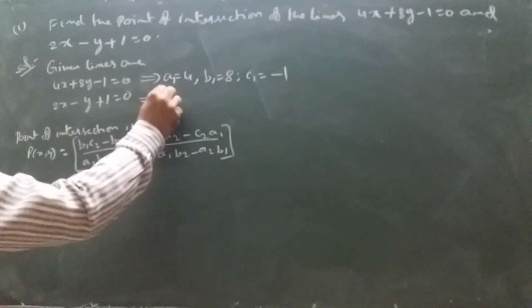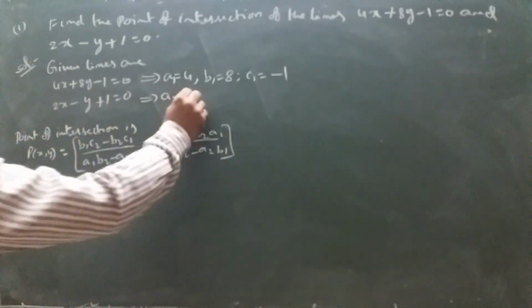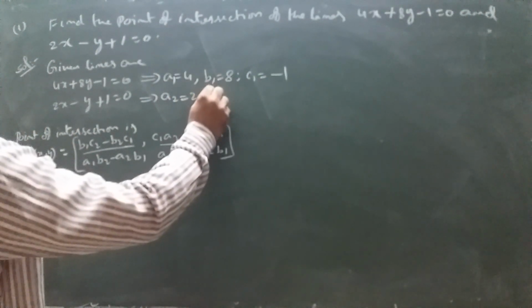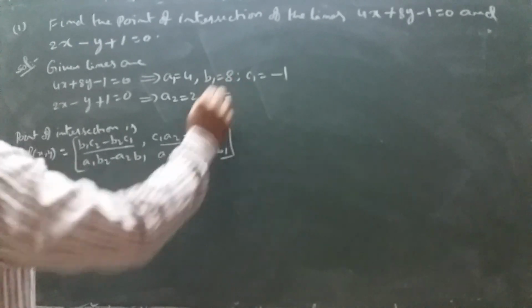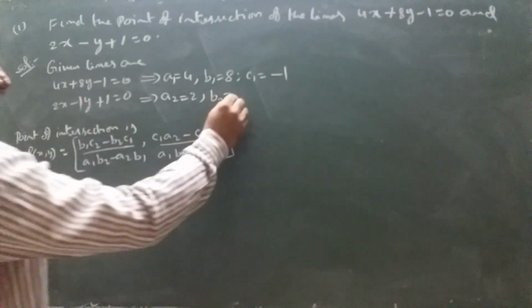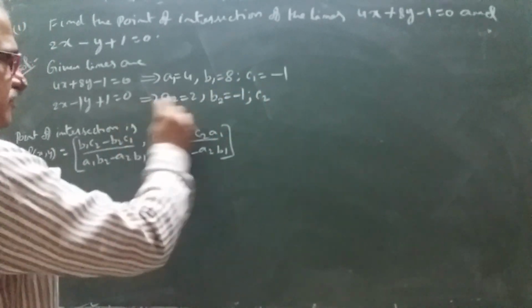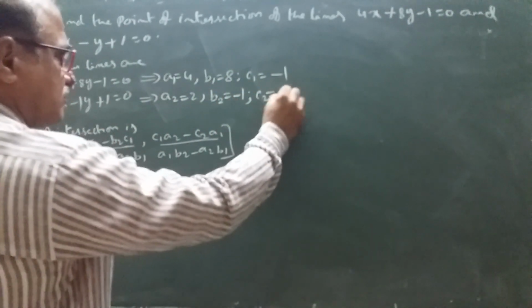That implies A2 is the second equation x coefficient, that is 2. Next, B2 is the coefficient of y in the second equation, that is minus 1, and C2 is the constant of the second equation, that is plus 1.